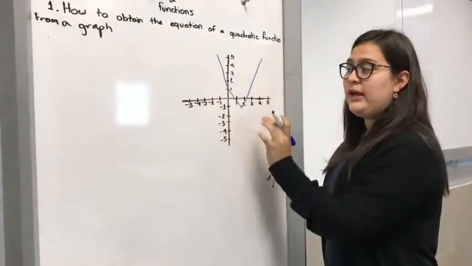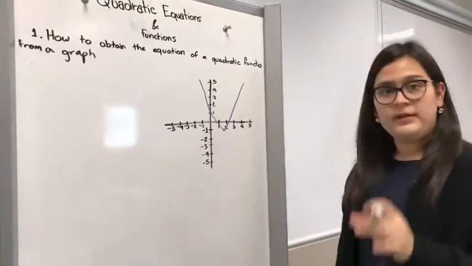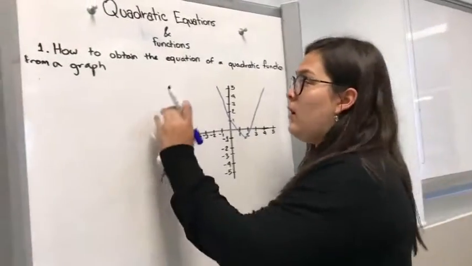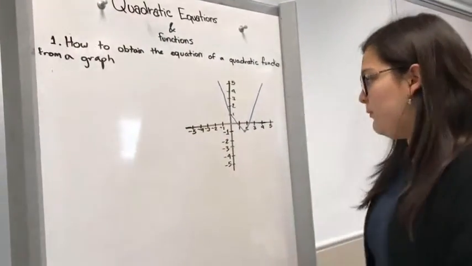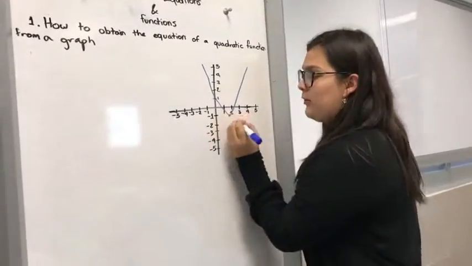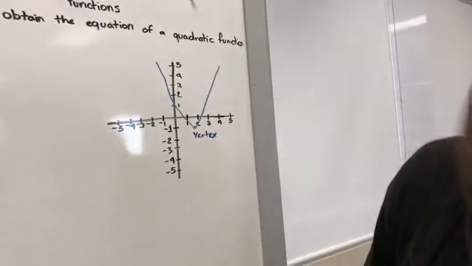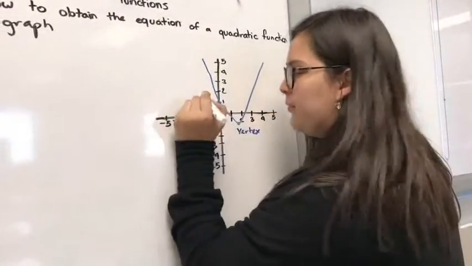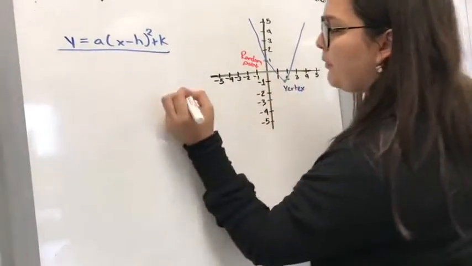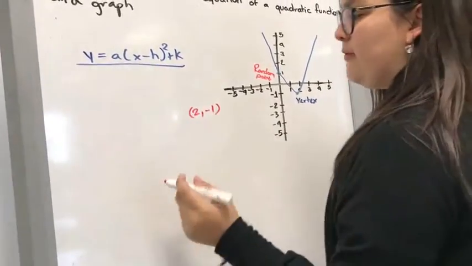How to obtain the equation of a quadratic function from a graph. In this case, we're going to use vertex form. We want our equation to be in vertex form. So we're going to take a look at our graph. Here we can look at the vertex, and right here we can see a random point, 2 comma -1 in this case, and we're going to substitute it right here.